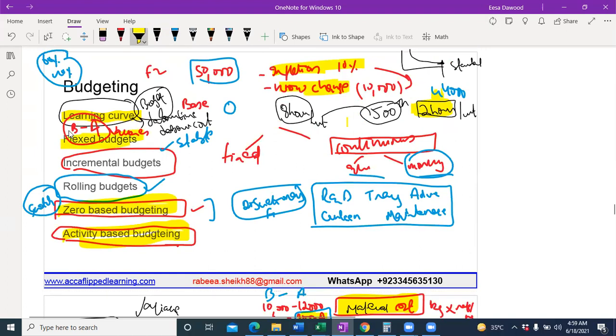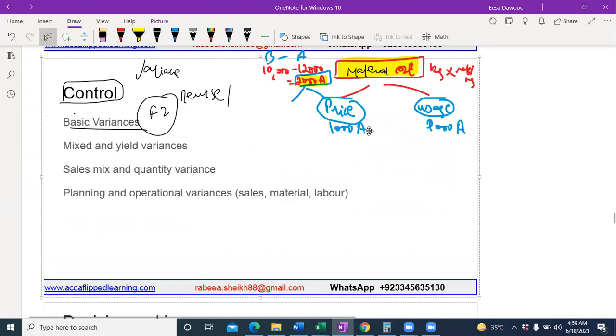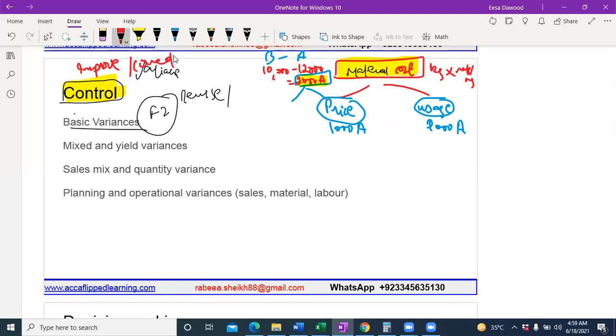So that's about calculating the total variance, which comes from the flex budget: what the cost for the actual activity level should have been and what the cost for the actual activity level has actually been, and then investigating the variances. With control, what we tend to do is improve our future performance, so in the end we need to take corrective action.